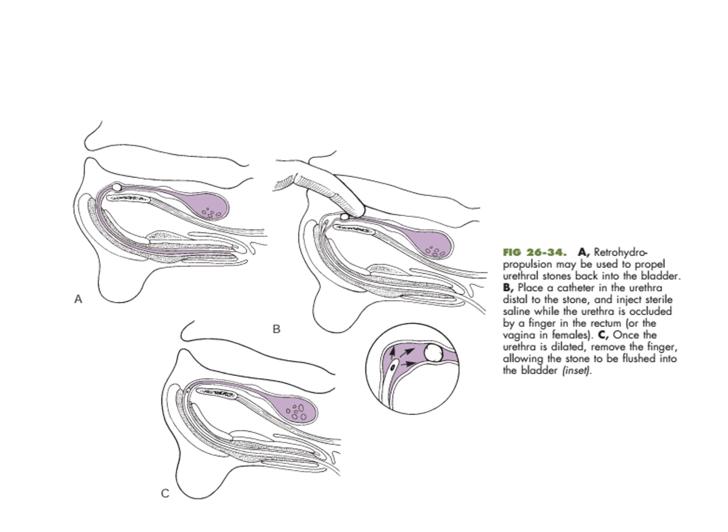So the catheter is passed at the distal aspect, and the water is passed, and ultimately it will cause the dilation of the urethra. When the digital pressure is removed, the pressure of the stream of water will propel the calculi back into the urinary bladder.